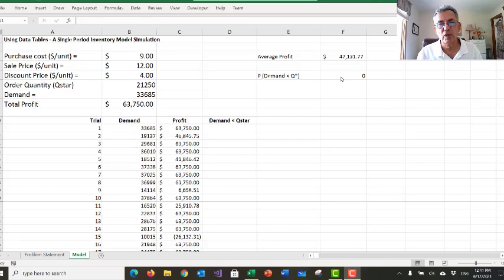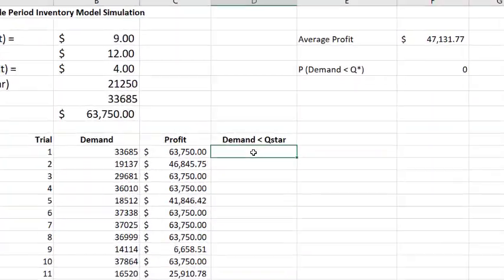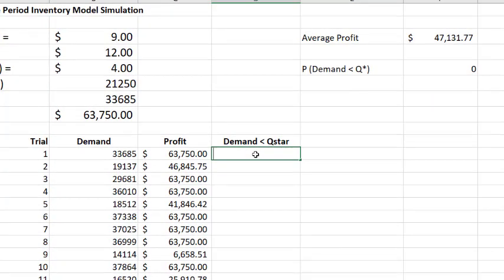We now want to determine how often the demand is going to be less than or equal to our optimum order quantity. So that will give us a percentage of the number of times that we are short. So for that, I'm going to first count the number of times that demand is less than or equal to Q star.